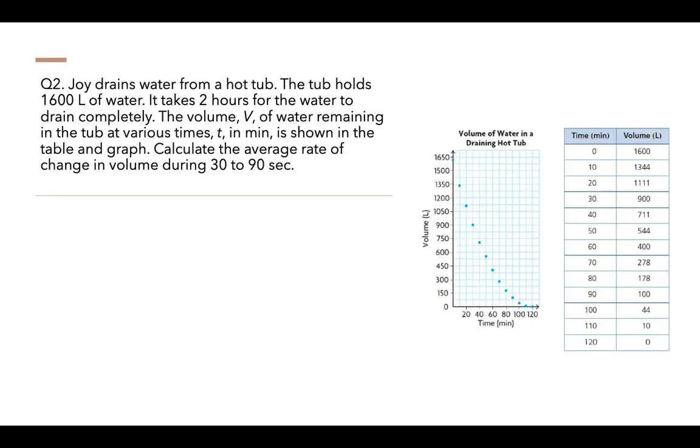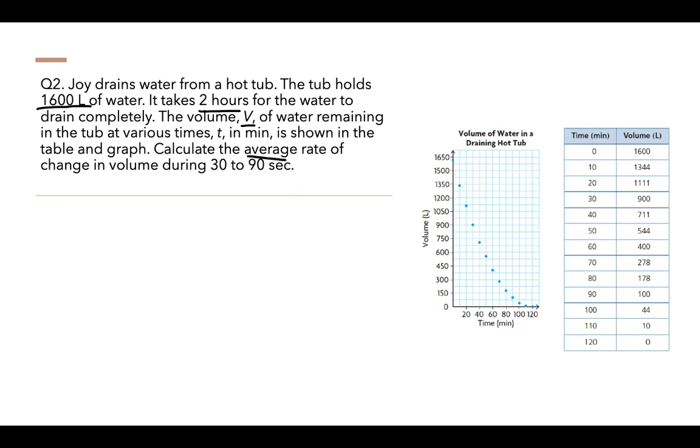Okay. So let's do the second example. Joy drains water from a hot tub. The tub holds 1,600 liters of water, and it takes about 2 hours for the water to drain completely. The volume of water remaining in the tub at time t in minutes is shown in the table and the graph.